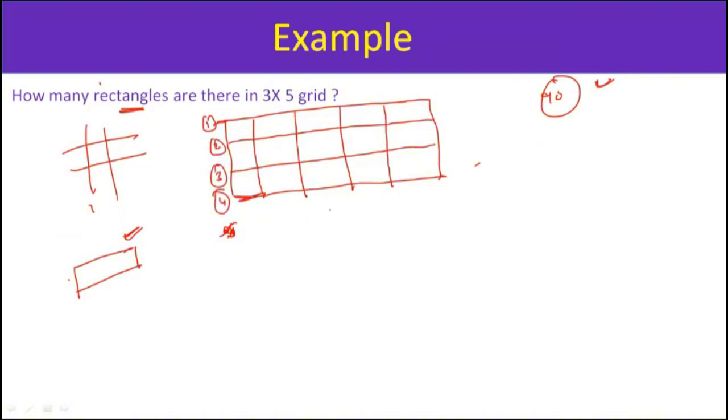I'll select any 2. Similarly, how many vertical lines do I have? 1, 2, 3, 4, 5, and 6. I'll select any 2. Solve it, you'll get 90 as the answer: 6 into 15. All we need is 2 horizontal and 2 vertical lines to form a rectangle.